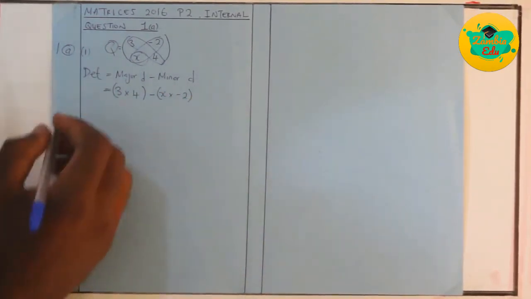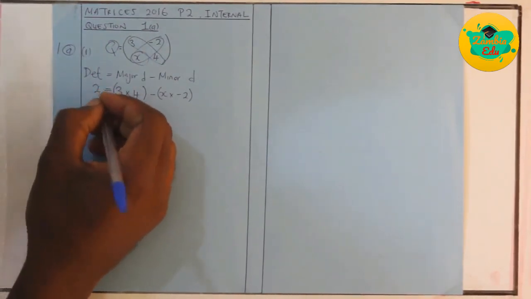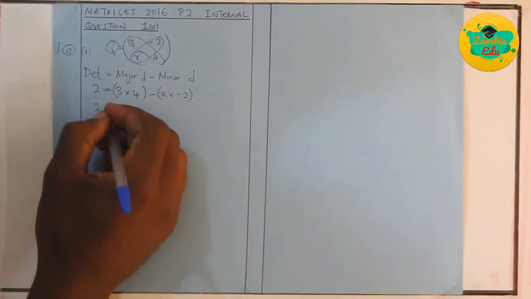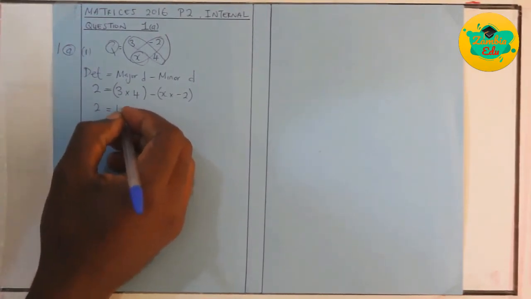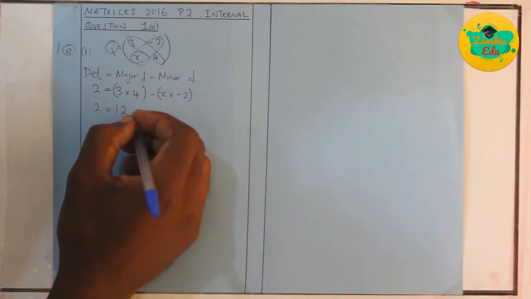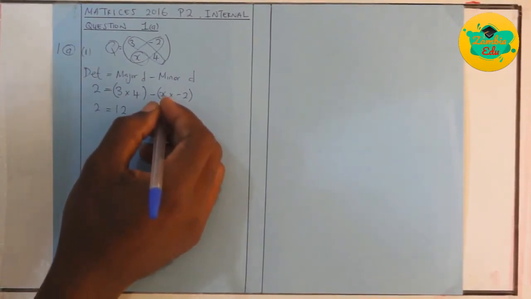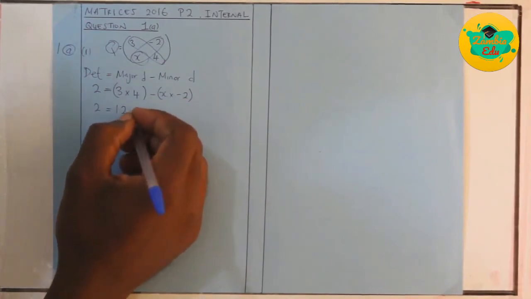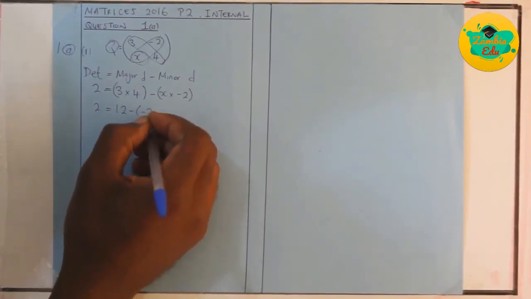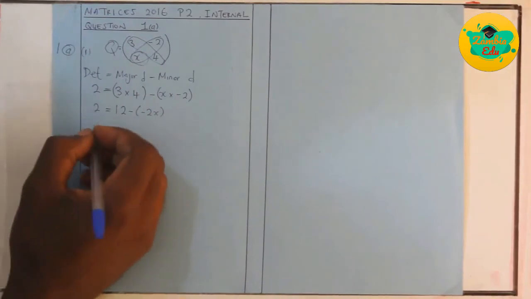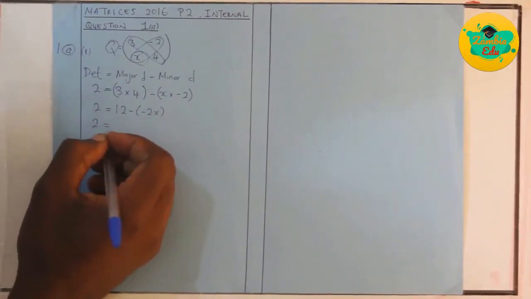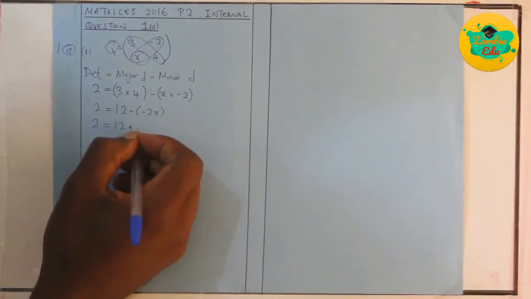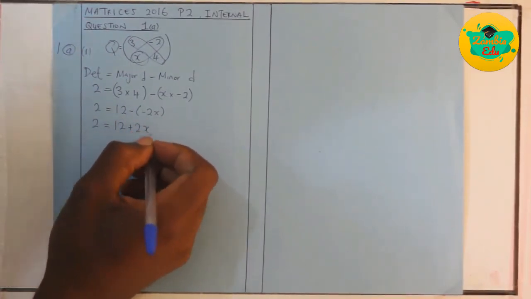And our determinant, we've been told it's 2. So we have 2 equals 12, and x times negative 2 gives us negative 2x. Negative times the negative gives a positive, so this becomes a positive.